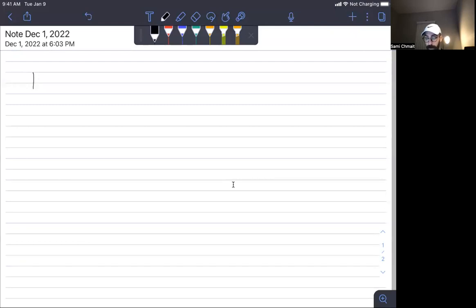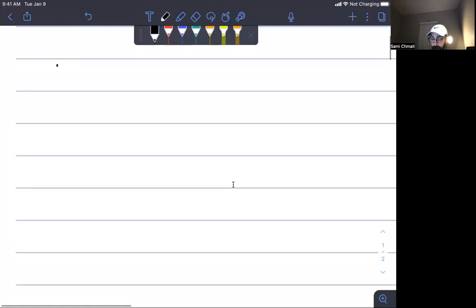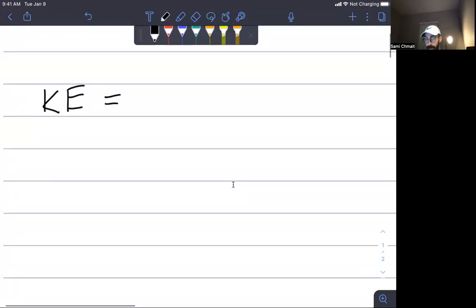Sorry, I need to zoom in. Otherwise the handwriting is really bad, so I apologize for it being super large. So that's this equation.